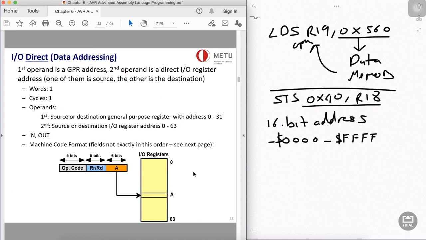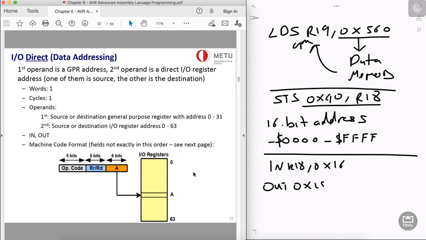And this can be used directly, for example, in R18, 0x16 or out 0x15, R18. Now hex 16 belongs to pin B on the IO register, and hex 15 belongs to port C. You can find them in the datasheet, you can find them in the lecture notes.